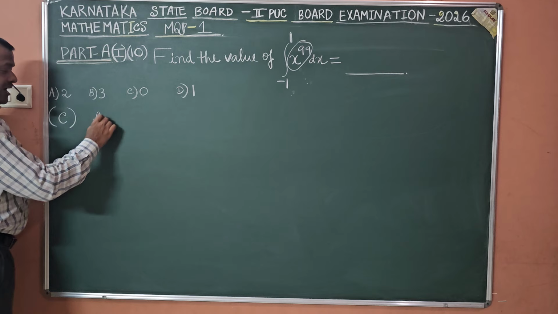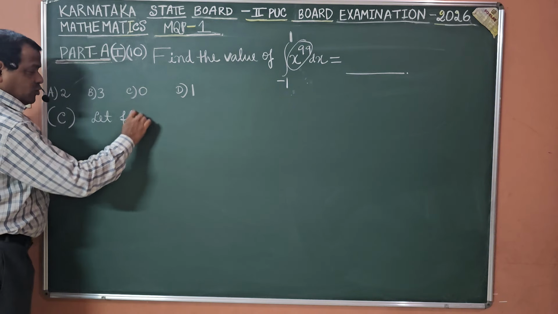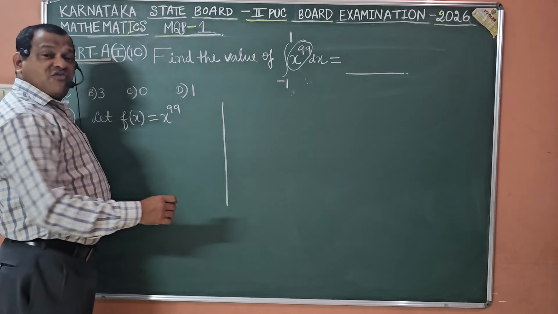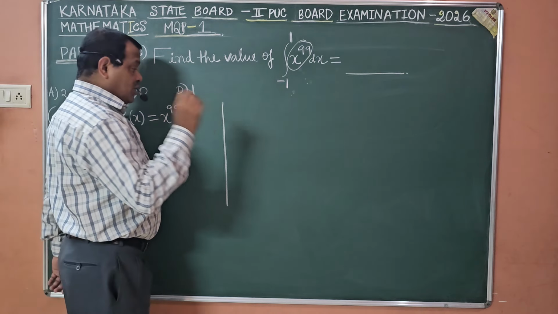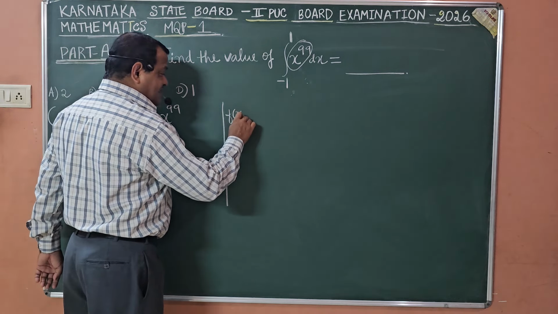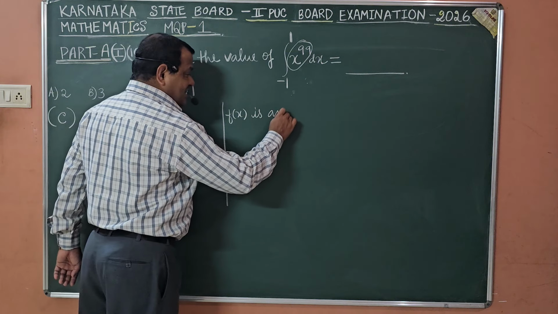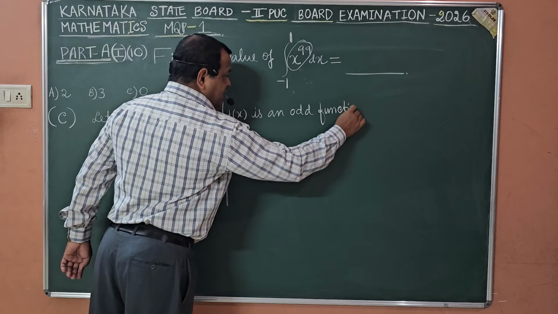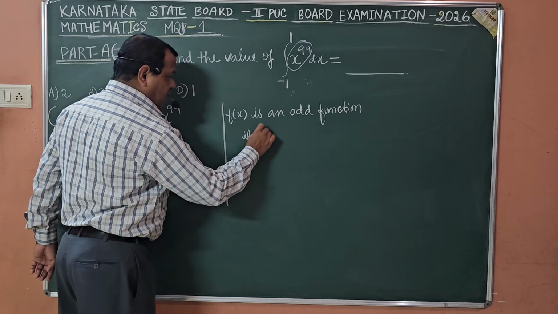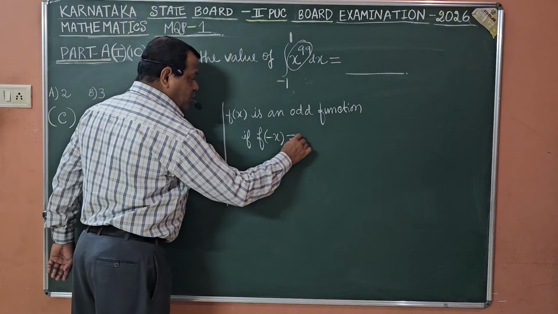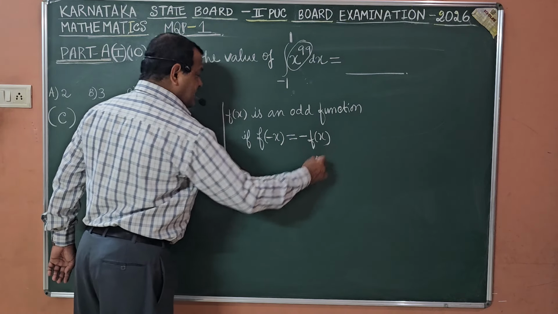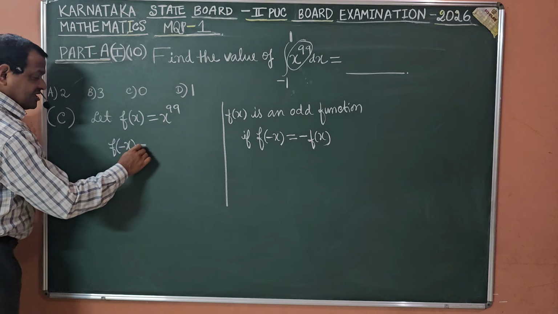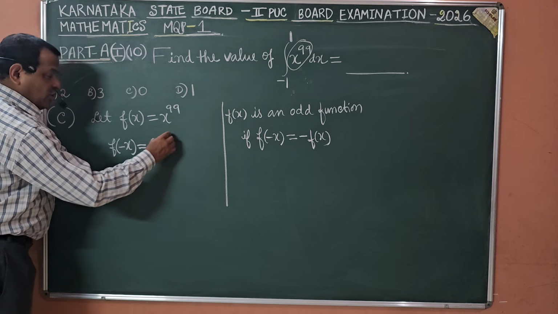Now I tell you why it is an odd function. Let f of x be equal to x power 99. Definition of odd function, those who don't know, kindly note down: f of x is an odd function if f of minus x is equal to minus f of x. Look at this. Here I find f of minus x. Where x is there, I put minus x and whole power 99.